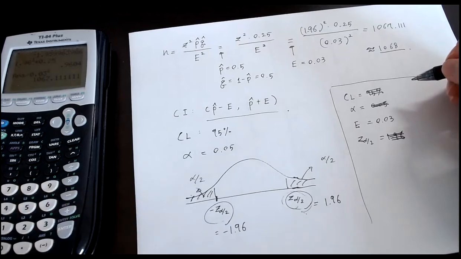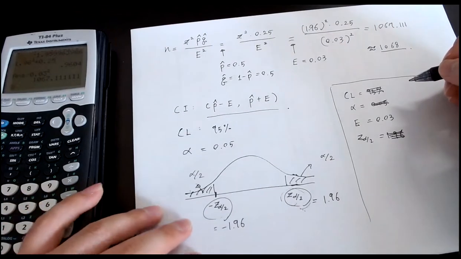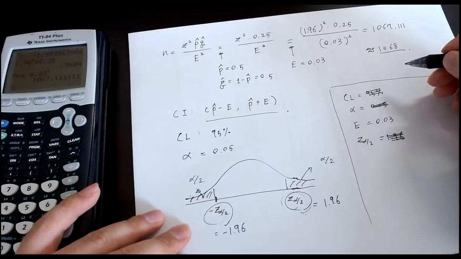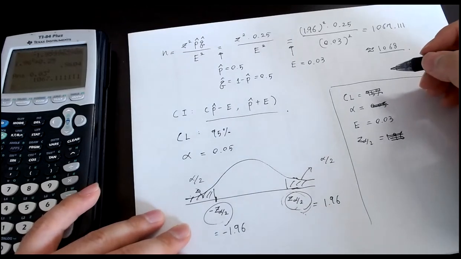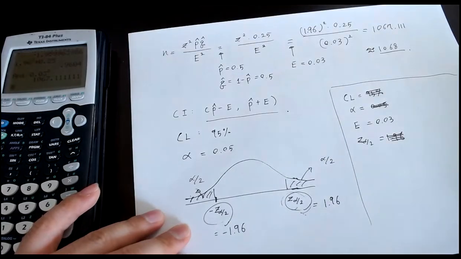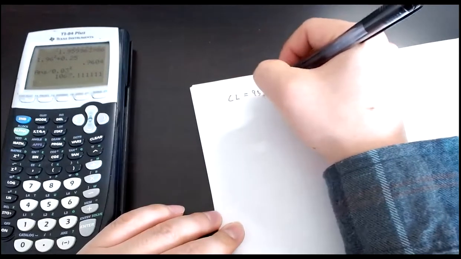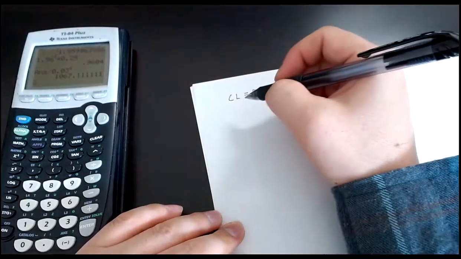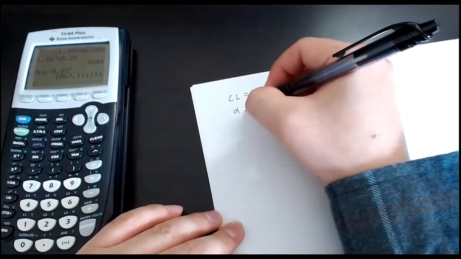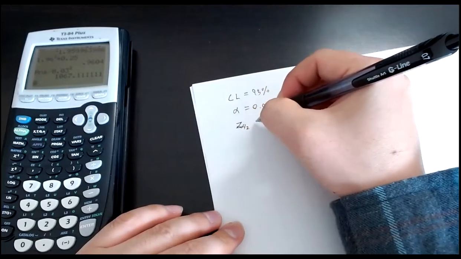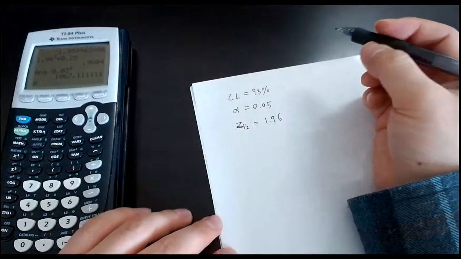In this example problem, the confidence level is the same as 95%, so alpha is 0.05, and z sub alpha over 2 is 1.96.